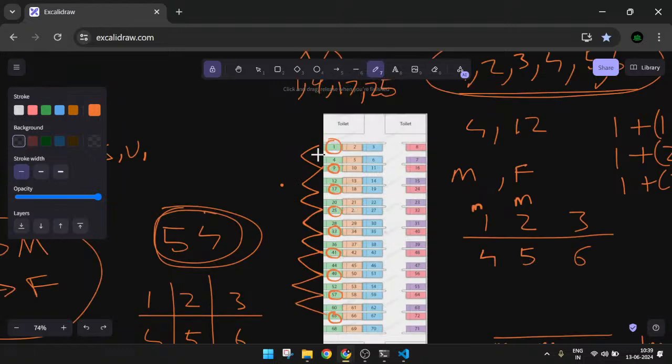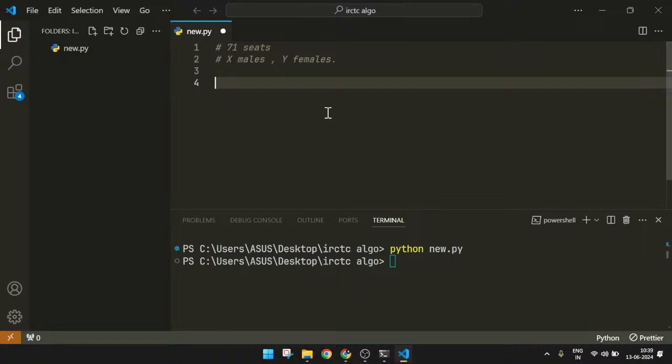I can use a 3 by 18 matrix for the data structure.